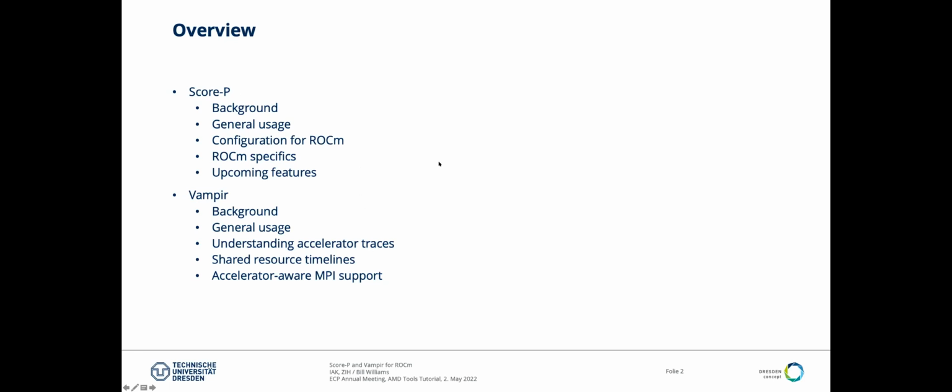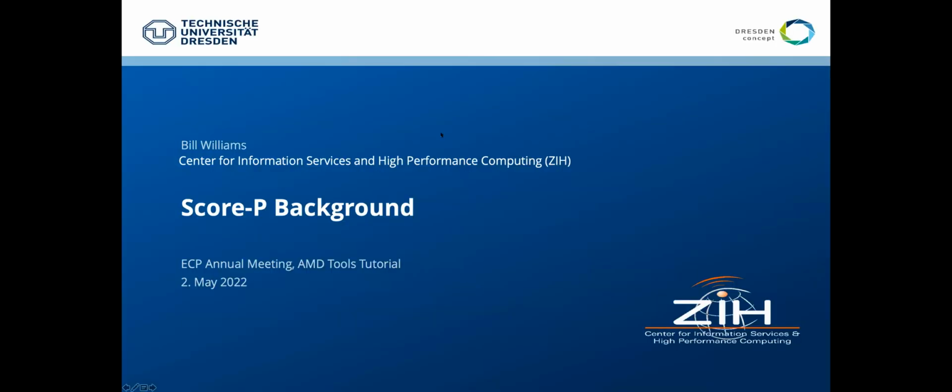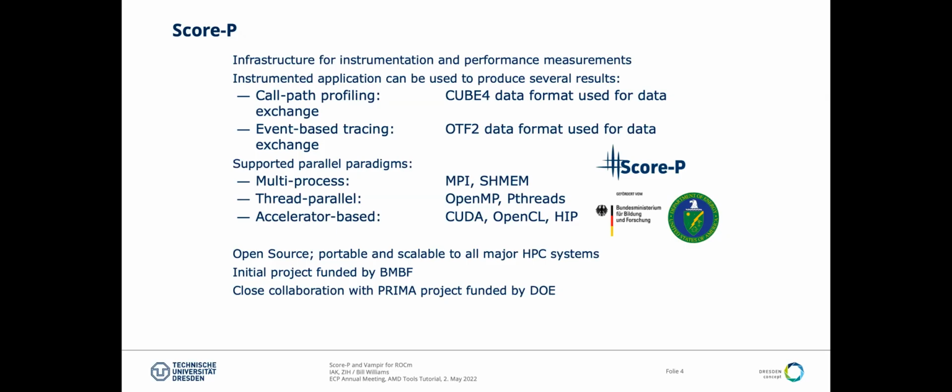So without further ado, let's start with background on Score-P. Score-P is a system for, as I said, instrumentation and performance measurement. And this can be used to produce a couple of different types of results.